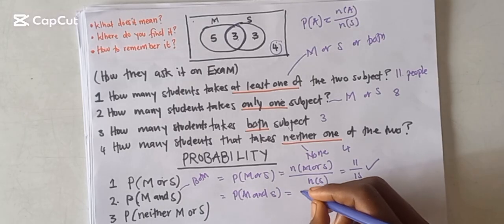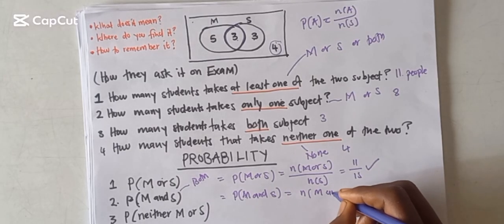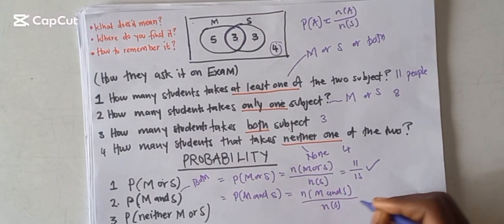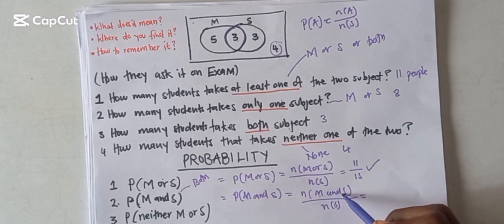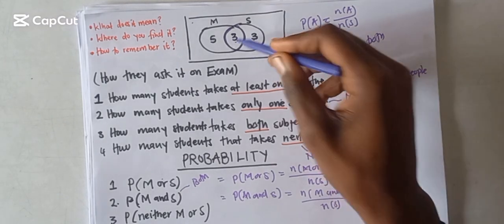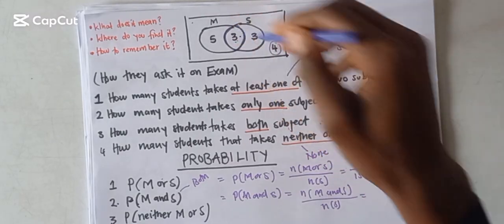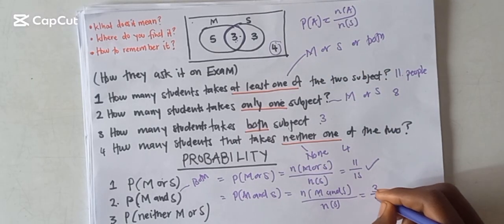To find the probability, we have to find the total number of M and S, divided by the total number of the sample space. The total number of M and S is the one that includes both. So where is both? It is 3, which is the one we find in the intersection. So which is 3 out of 11.